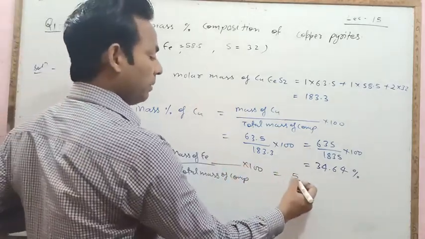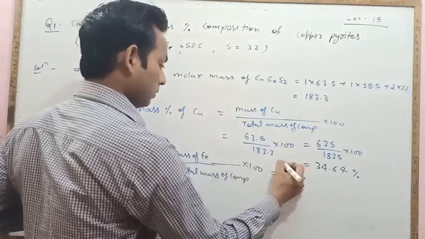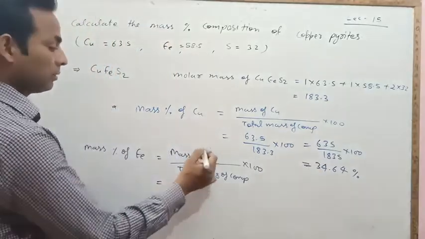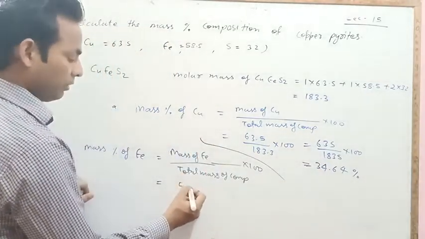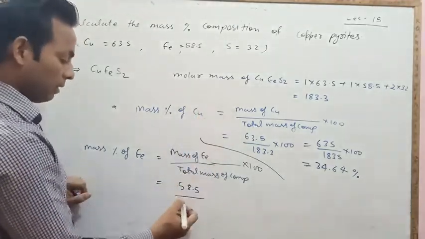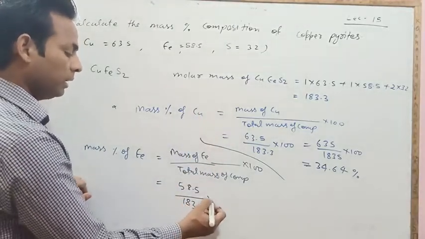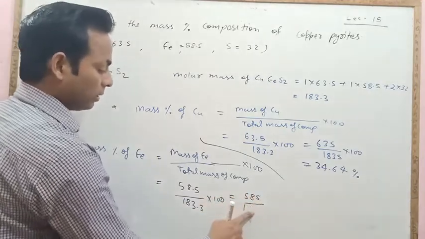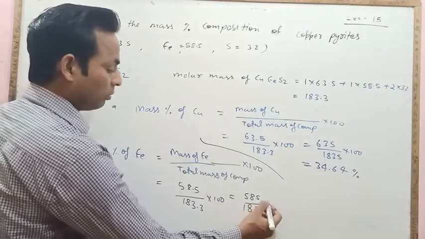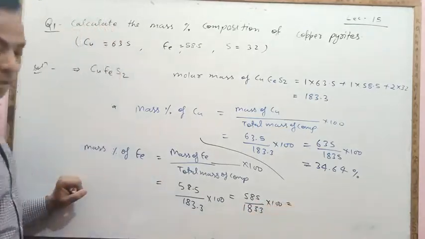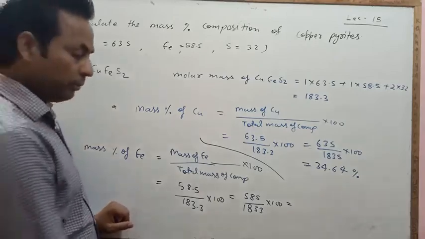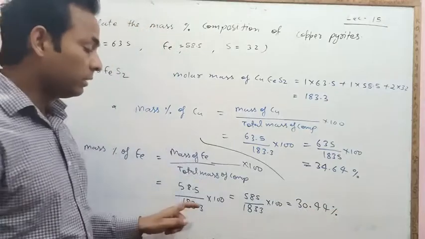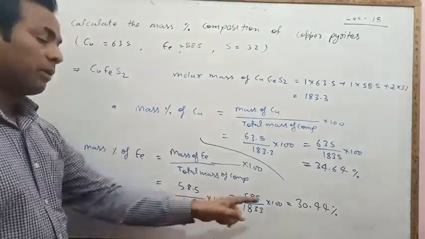Mass of iron is 58.5 and total mass of compound 183.3 into 100, or 585 upon 1833 into 100. After calculation the value will become 30.44 percent. So this is the mass percentage of iron.